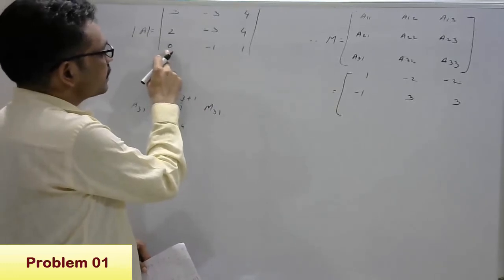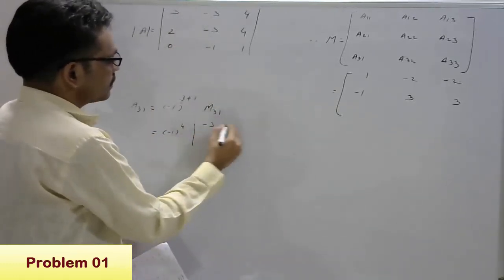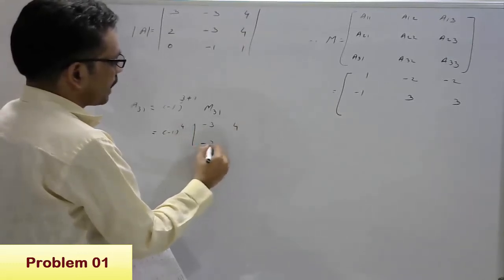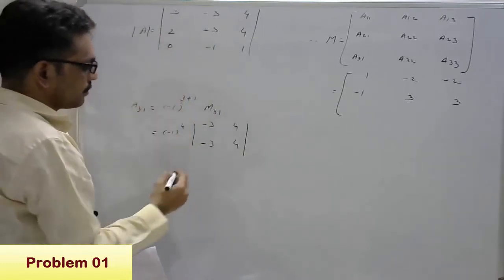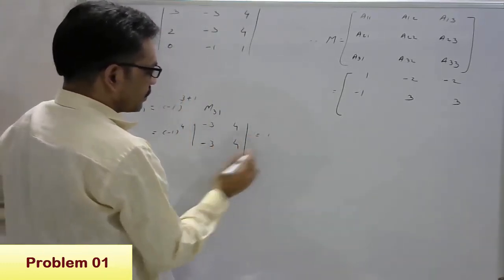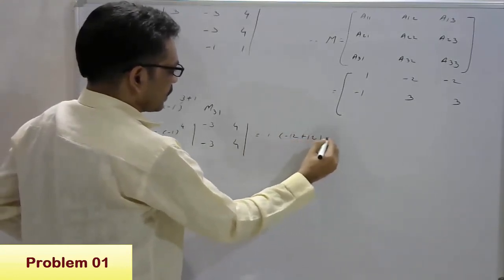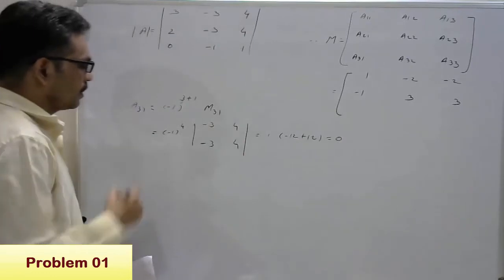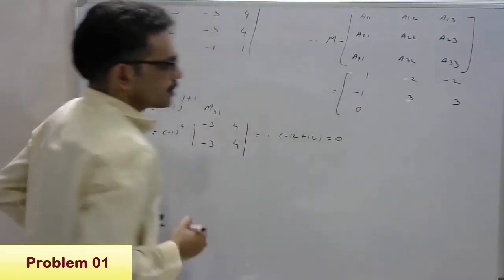M31 is obtained by deleting the third row and first column. Therefore, the determinant is minus 3, 4, minus 3, 4. Then this is equal to 1 into (minus 12 plus 12), which is equal to 0. Therefore, the value of A31 is equal to 0.